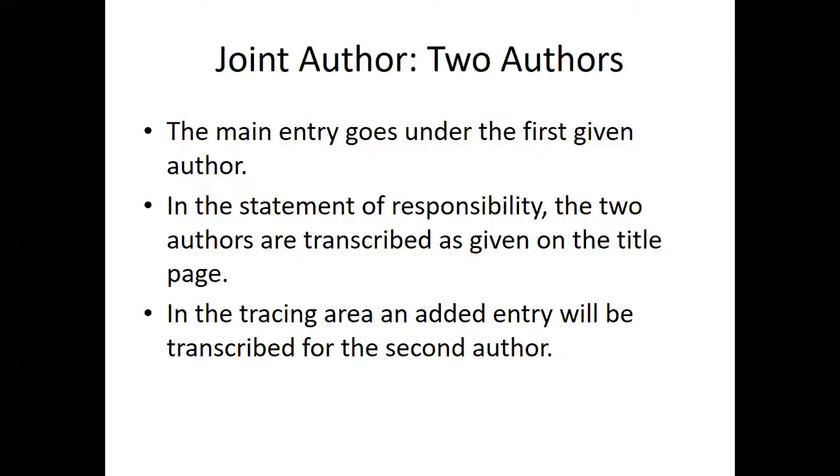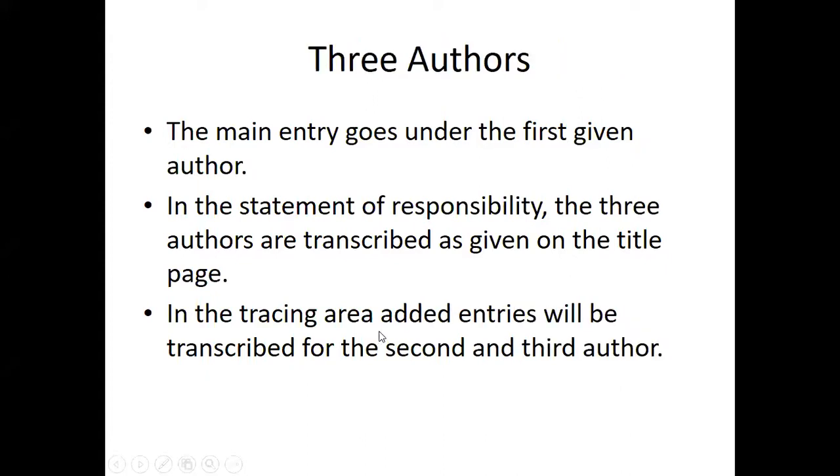Two authors, the main entry goes under the first given author. In the statement of responsibility, the two authors are transcribed as given on the title page. And in the tracing area, an added entry will be transcribed for the second author. For three authors, the main entry goes under the first given author. That is when we have 3. The first one takes the main entry, of course, giving the surname first.